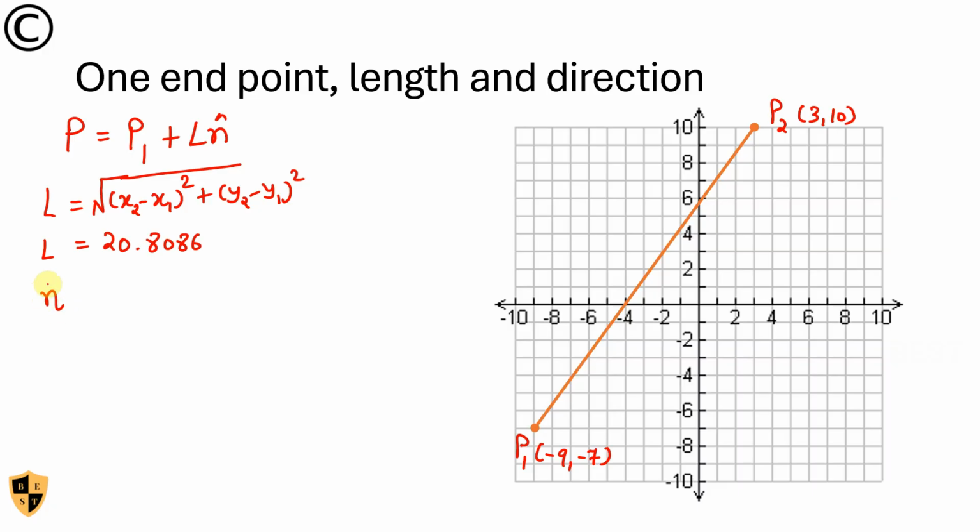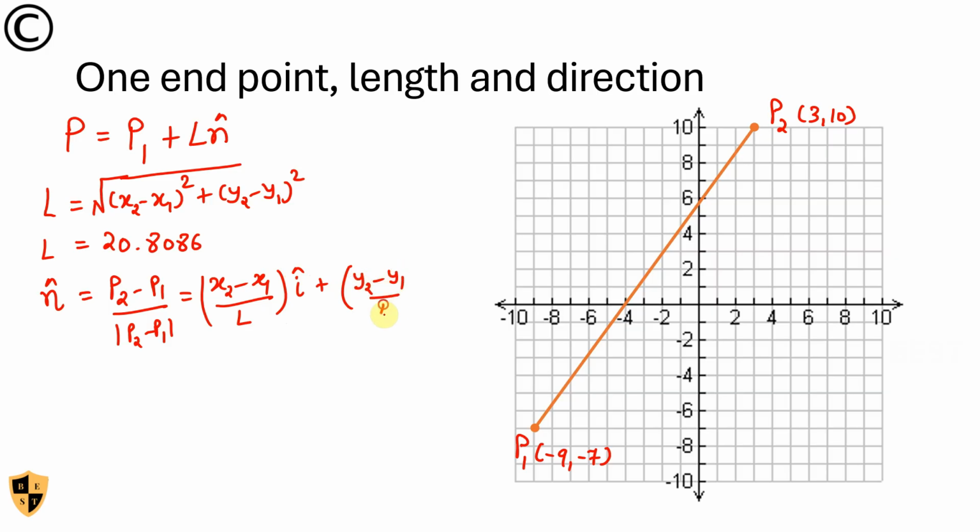And the unit vector is nothing but p2 minus p1 divided by the magnitude of p2 minus p1, which I can write in coordinate form as (x2 minus x1) divided by l i cap plus (y2 minus y1) divided by l j cap. x2 minus x1 is 3 minus minus 9, which is 12, divided by 20.8086 i cap, plus this is 17 divided by 20.8086 j cap.